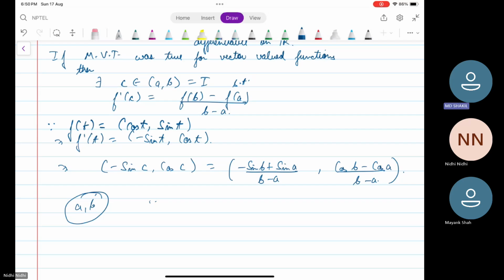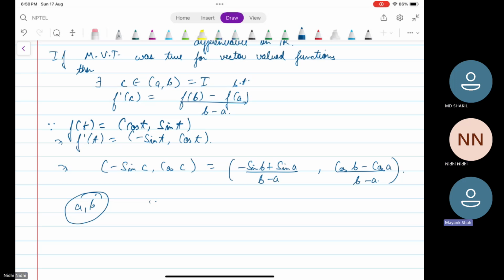If we take both a and b to be the same value... The mean value theorem needs an interval, I mean an open interval (a, b), so a and b should be distinct. Yes, ma'am.